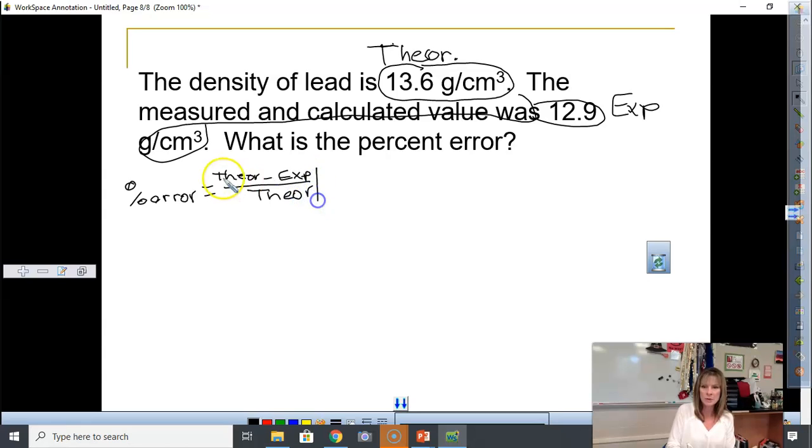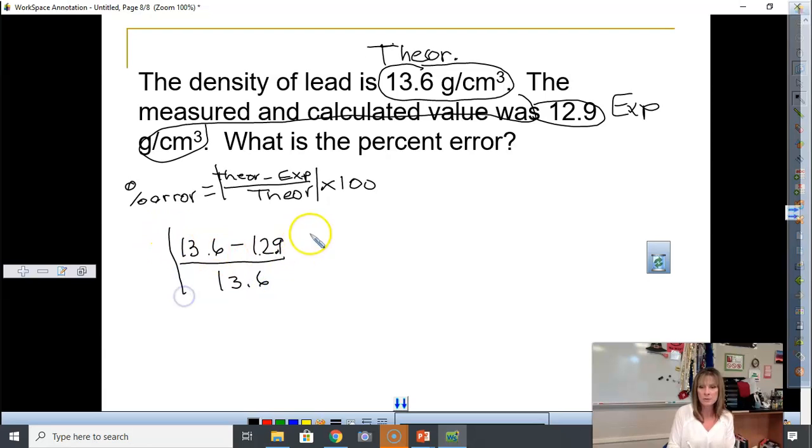And remember, that has to be an absolute value, so when you get a negative, don't freak out. And then once you get that absolute value, you multiply by 100. Okay, we have the numbers that we need here. So my theoretical value, 13.6 minus 12.9, divided by the theoretical value again, 13.6. That's going to be absolute value.